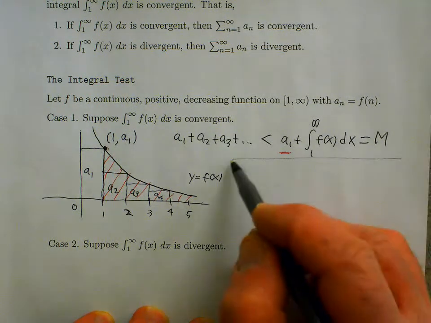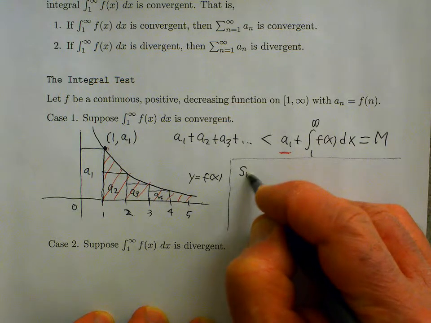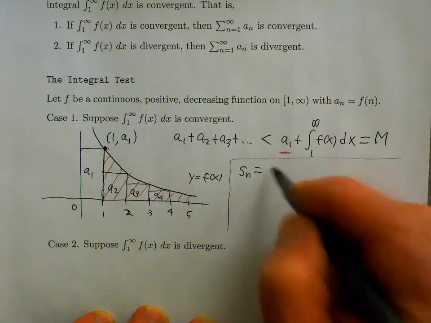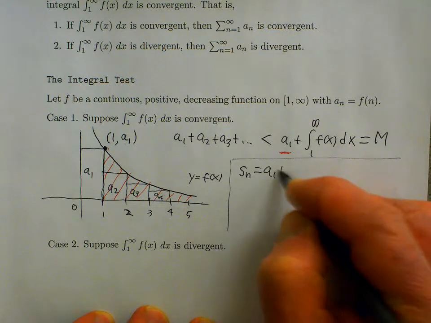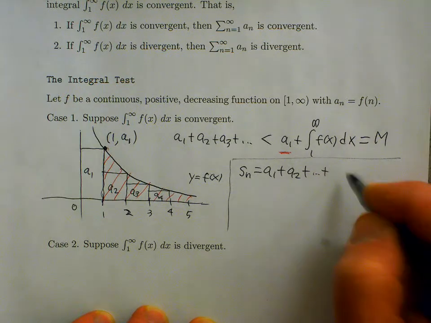So a couple more things about the argument. Remember what the sequence of partial sums is. S sub n is the sum of the first n terms of the sequence a sub n.